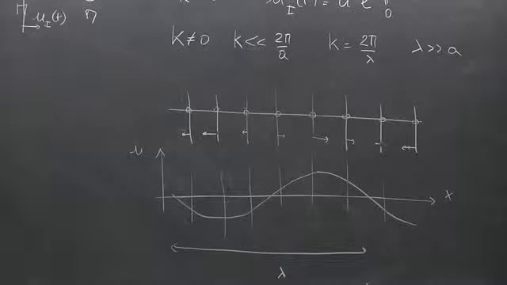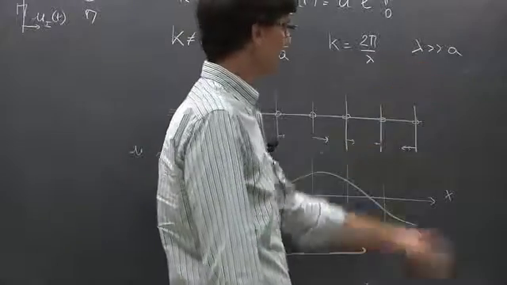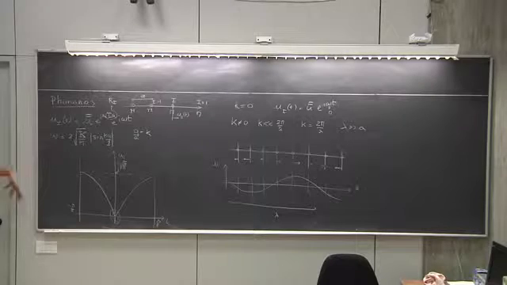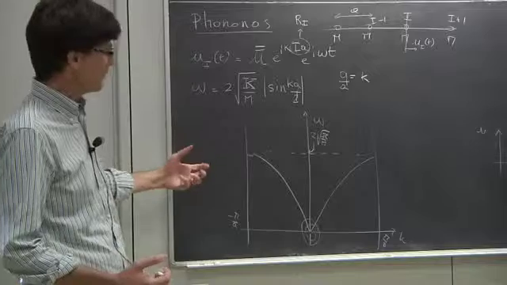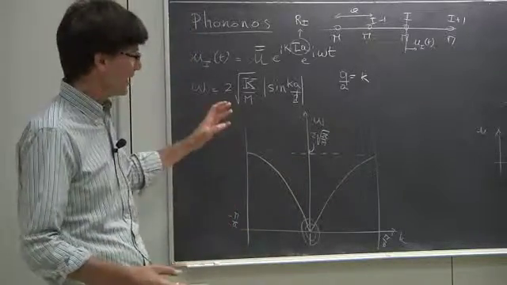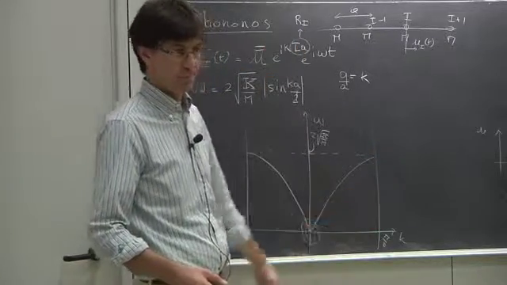Now, oscillations with a wavelength which is much longer than the distance between atoms is what carries sound. We all know that if we knock on a system, there's going to be a wave, the atoms are going to be perturbed locally, and this wave of perturbation is going to propagate around our material, and it's going to propagate precisely in this form.